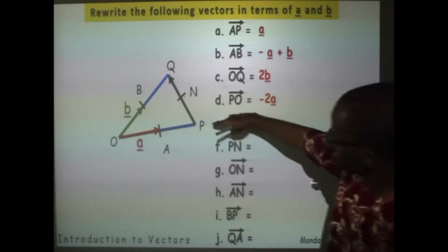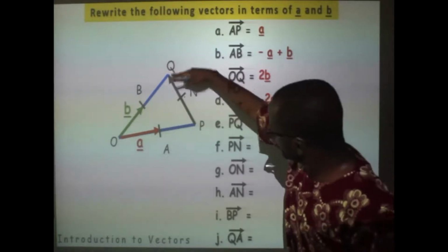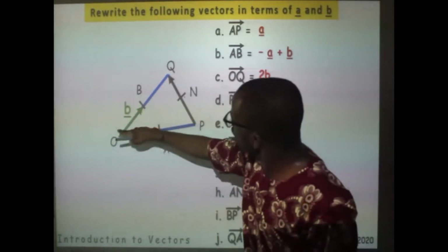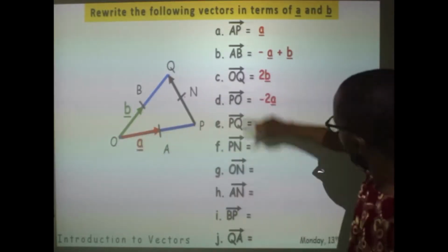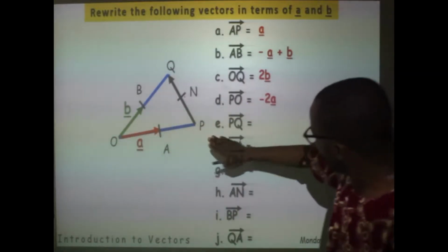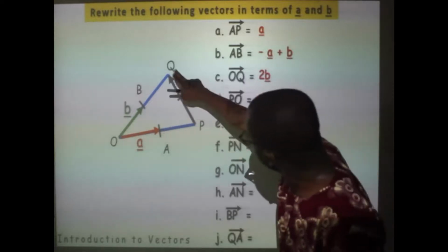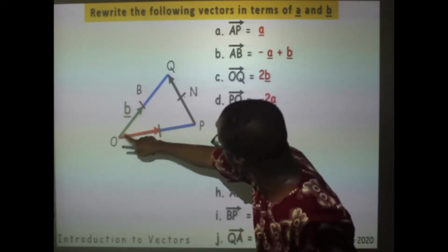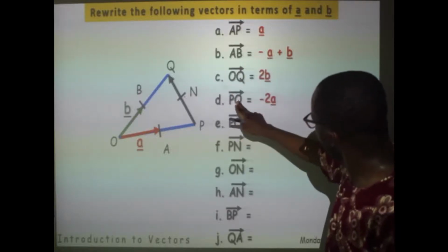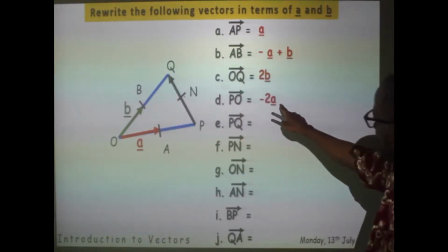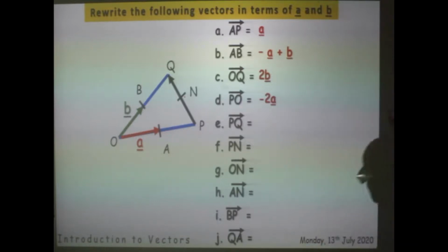What of PQ? PQ will be PO plus OQ. We don't have PQ, that's what we're looking for. It's going to be PO plus OQ. So it's going to be minus 2A plus 2B. Minus 2A plus 2B.